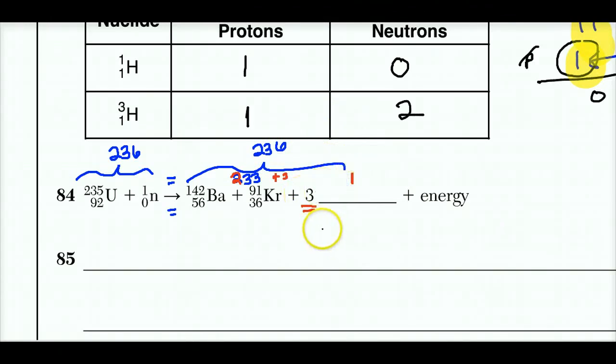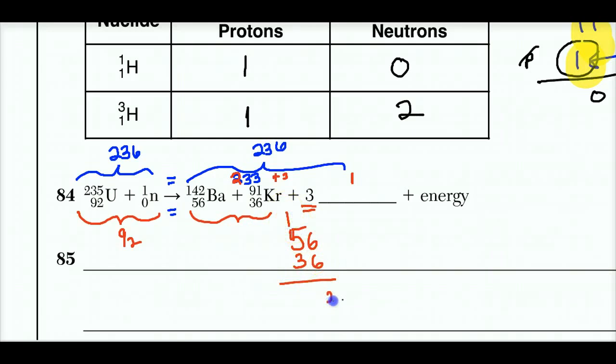Right? And then check out the bottom numbers, the charge number. 92 plus 0 is 92. Okay, we add these together, 56 and 36, gives me 92. Whoa, it's the same number. If that's the case, then this number has to be a 0.